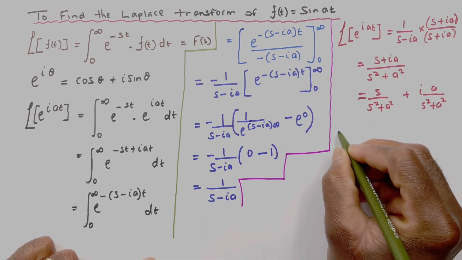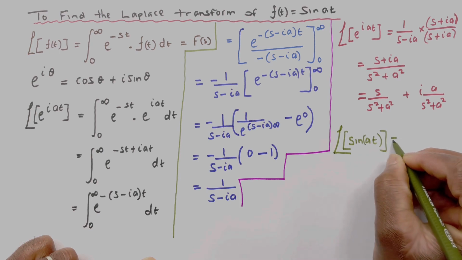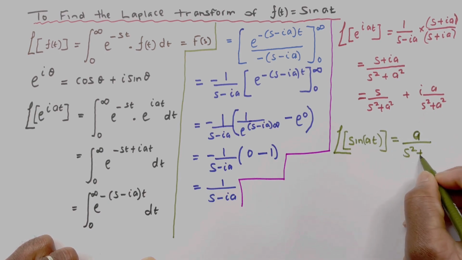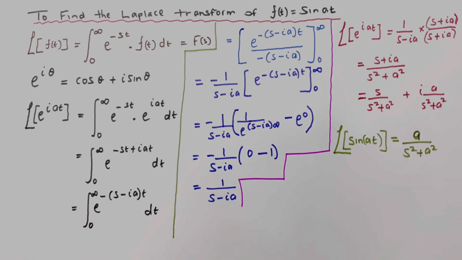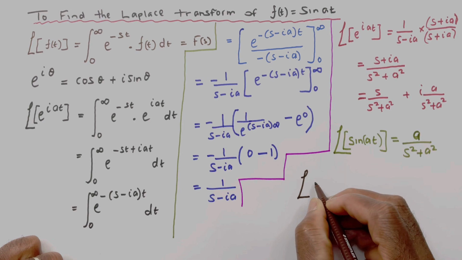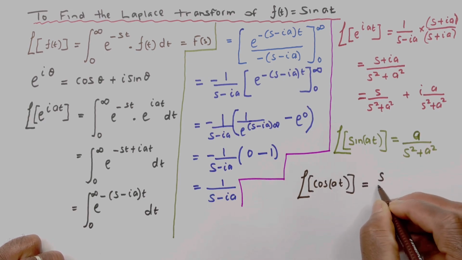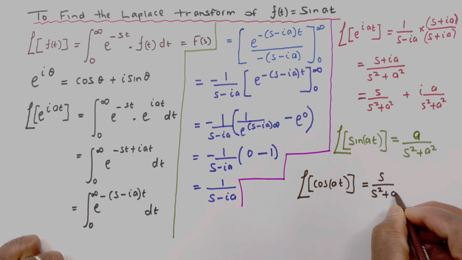The Laplace for sin(at) will be equal to a over s squared plus a squared, and the Laplace for cos(at) will be s over s squared plus a squared.